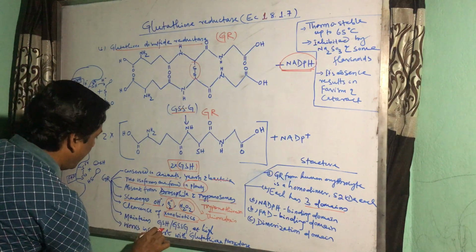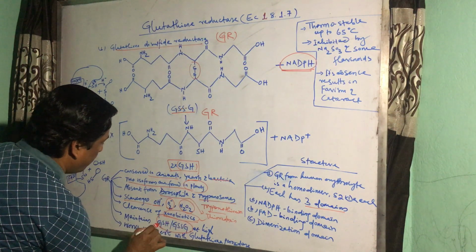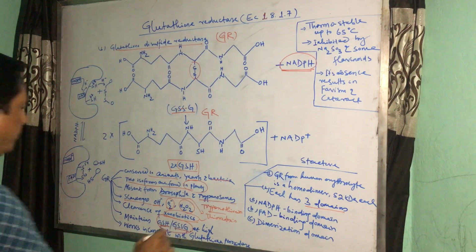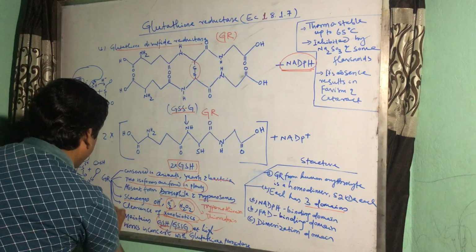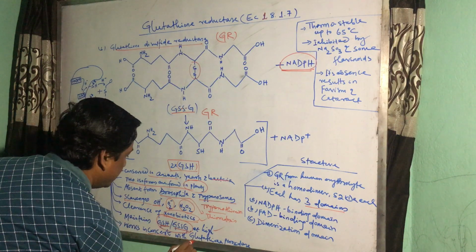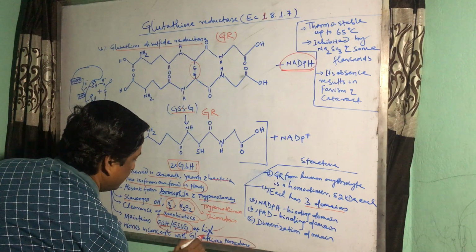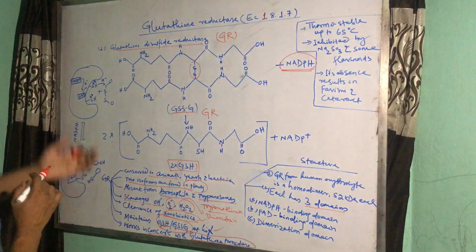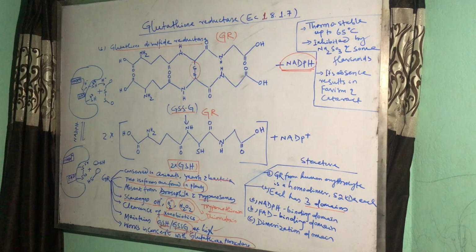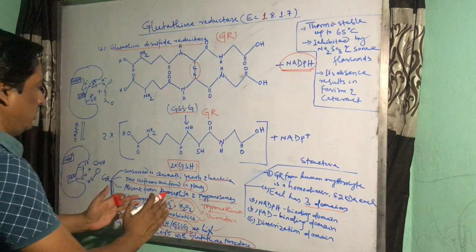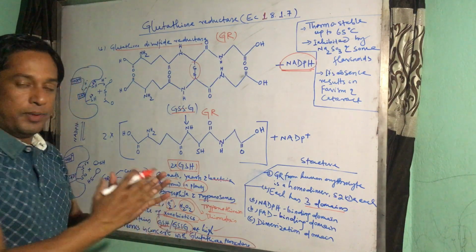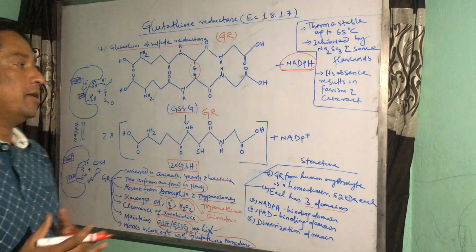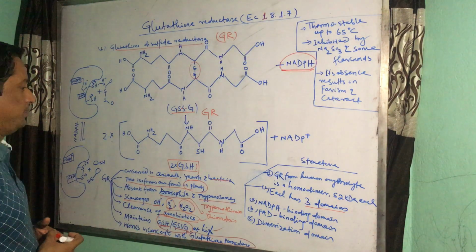They maintain the ratio of reduced glutathione to oxidized glutathione at a high level, and they work in concert with glutathione peroxidase, a similar enzyme which is also involved in maintenance of oxidative balance inside the cell. Both glutathione reductase and glutathione peroxidase work together to maintain the oxidative balance of the cytoplasm.